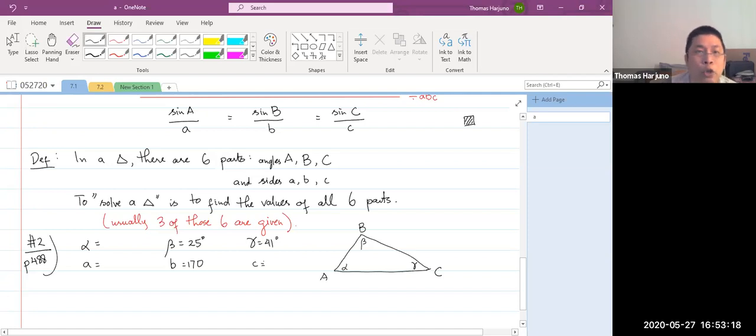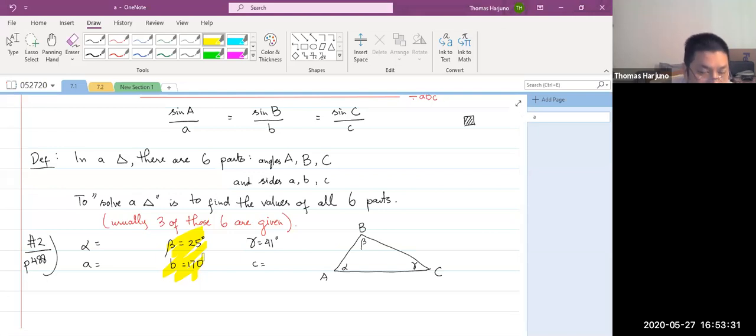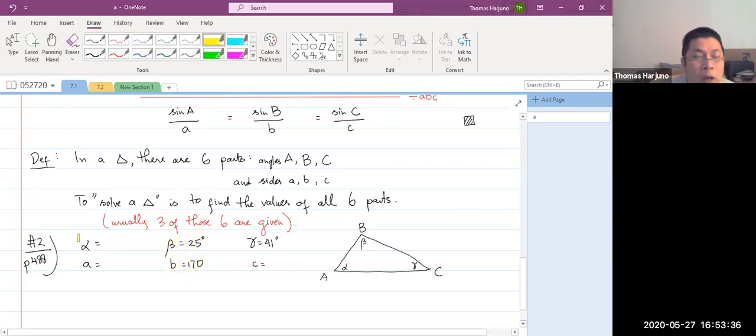You will see that law of sine is doable if we know one pair. In this case I know angle B and side B. I always write it in this pattern: the angles on the top and then the sides on the bottom. When do we use law of sine?